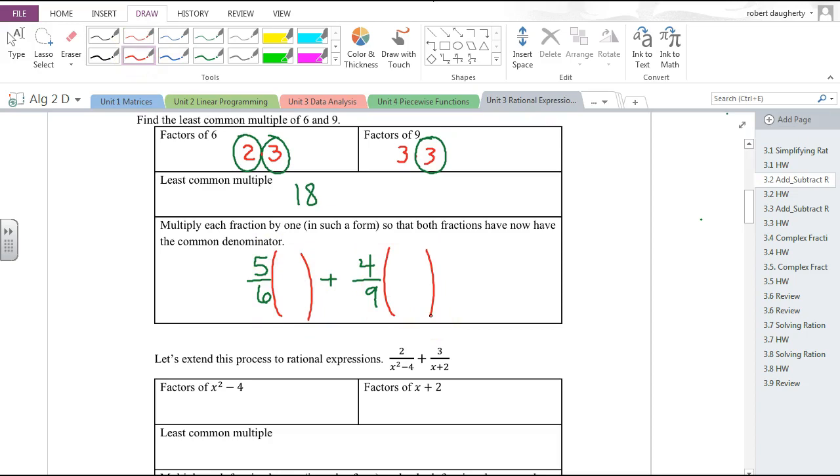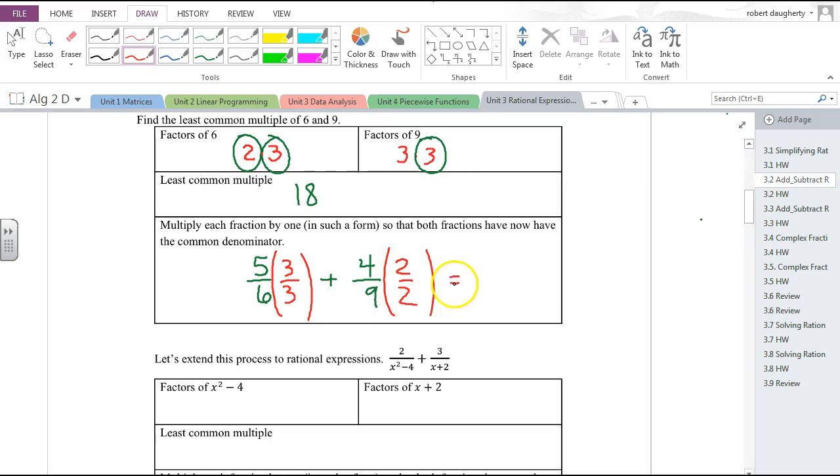What do I have to multiply 6 by to get an 18? Yeah, so I'm going to multiply this by 3/3. I'm not changing anything because what is that number? That number is 1. This one is going to be multiplied by what? 2/2, okay? When I do that, you'll see in both cases the denominator will be 18.